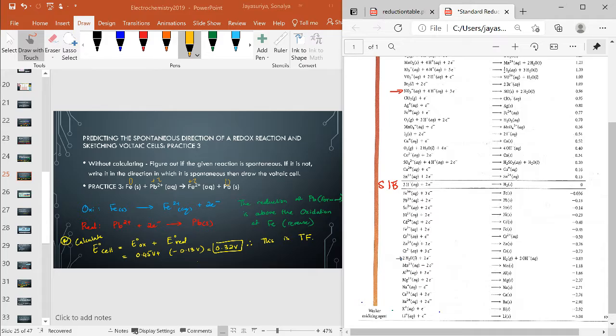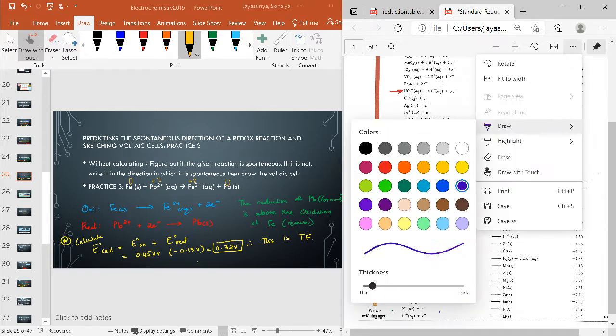Whichever one has more negativity is going to want to lose that negativity to become zero, which is what a free element is, right? That's kind of how I think about it. It's qualitative thinking. It's not really that they're trying to get to zero.